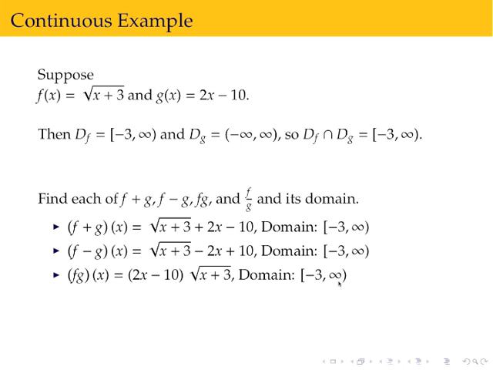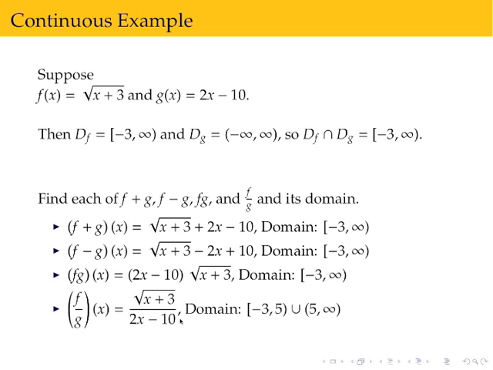And finally, our most interesting one, f over g of x. Well, I take f of x over g of x, so that gives me the square root of x plus 3 over 2x minus 10. And now this time for my domain, I have to consider what would make this denominator 0.